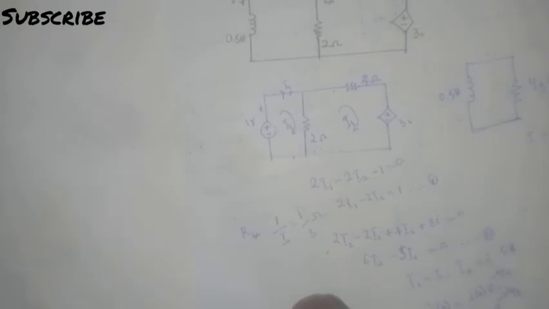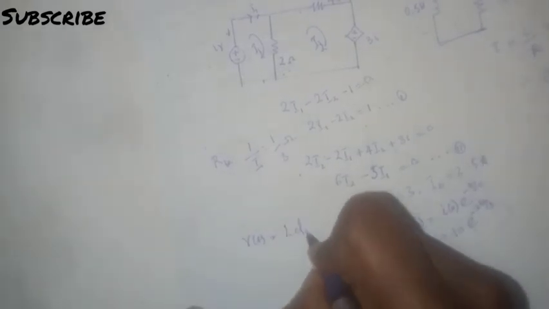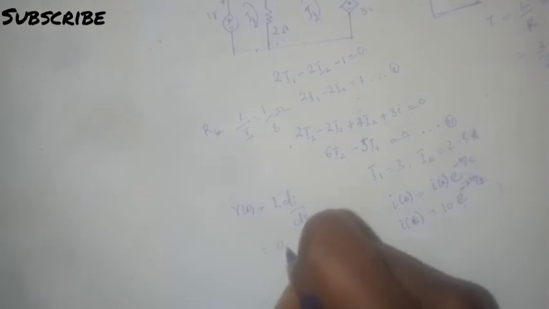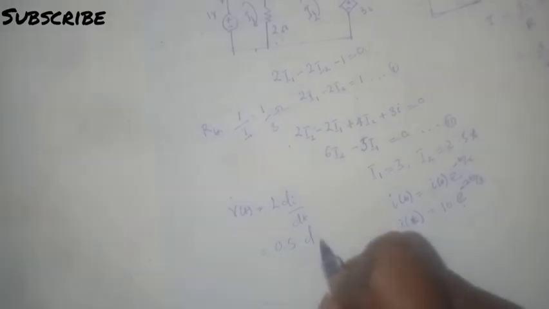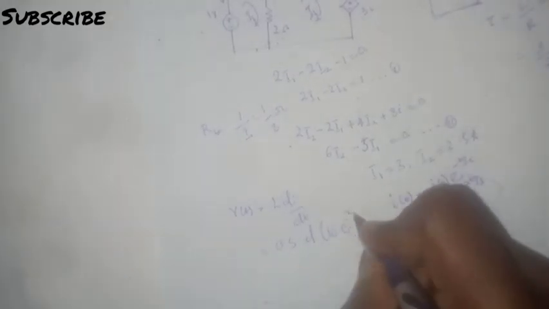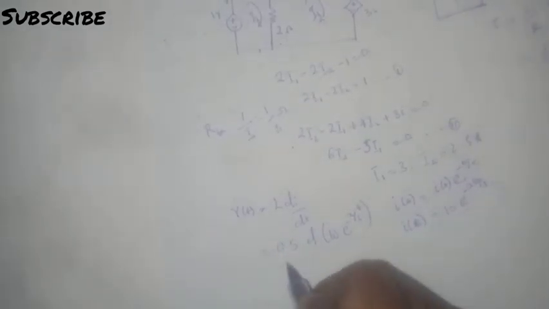The voltage across an inductor, v(t), is equal to L di/dt, which infers that we know that our L is 0.5, and I just have to differentiate 10 e raised to power minus 2 over 3 t. So we just have to differentiate this with respect to t.